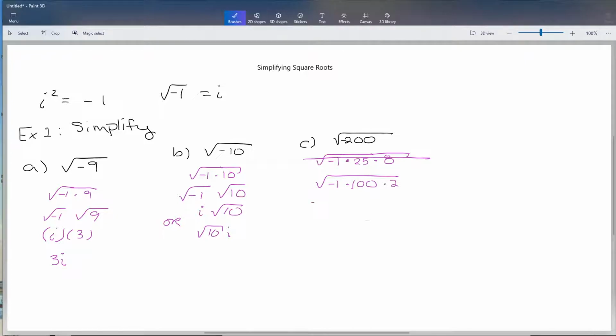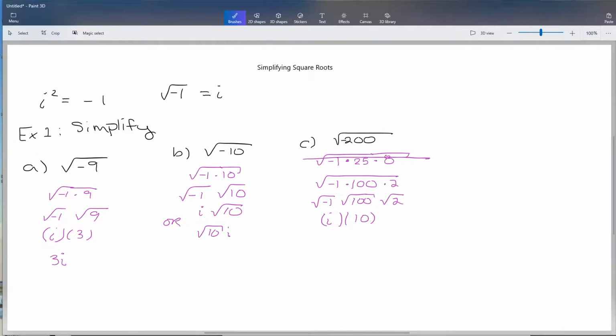Now I'm going to split this up. I have the square root of -1, the square root of 100, and the square root of 2. The square root of -1 is i. The square root of 100 is 10.